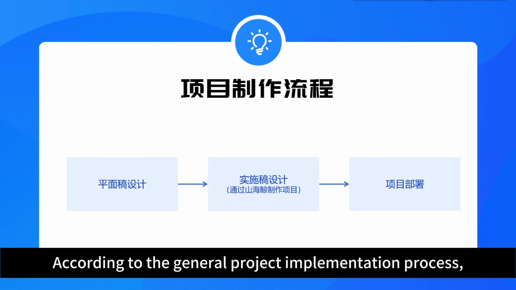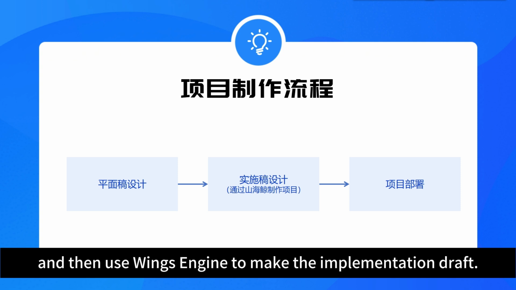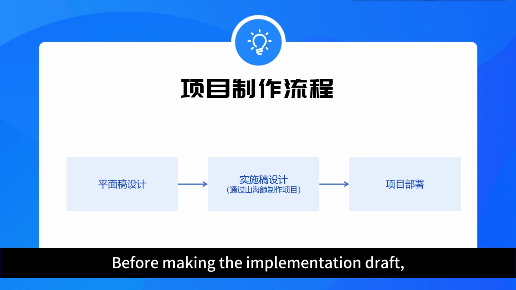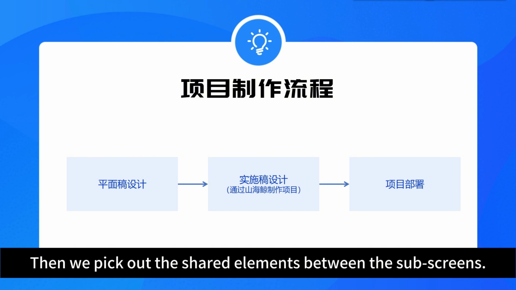According to the general project implementation process, we will first design the layout and then use Wings engine to make the implementation draft. Before making the implementation draft, we need to plan the structure of the entire project first. Then we pick out the shared elements between the subscreens.